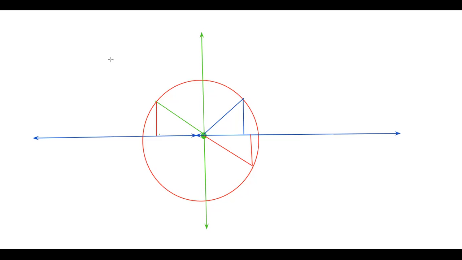We have only the last one, which may be of this color. Let's see this one. If you draw the line from the center of the circle to here, let's suppose here, and then one more starting from here to there, now we have four triangles.